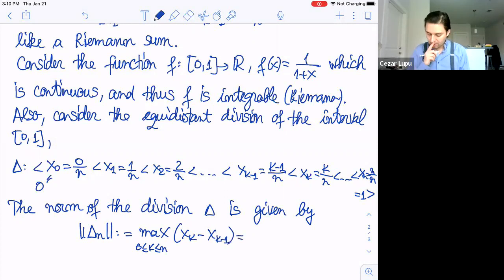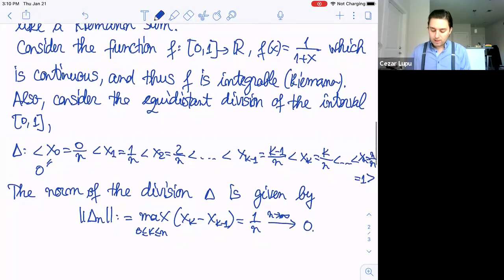And in our case, it's 1 over n, because k over n minus k minus 1 over n is 1 over n. And this will converge to 0 as n approaches infinity, which is exactly what we want. So it's a nice division.